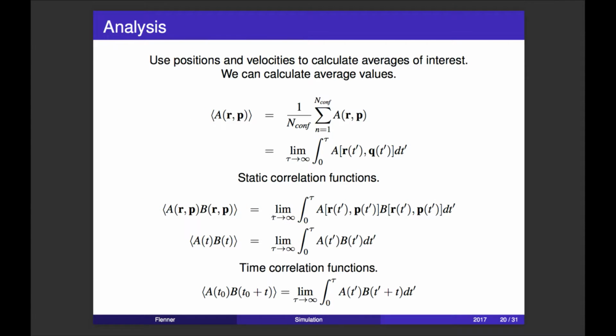So after we've saved these things, we want to use the positions and velocities to calculate the averages of interest. So how do we do this?